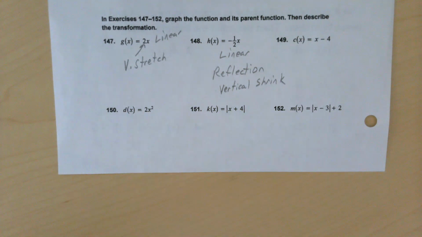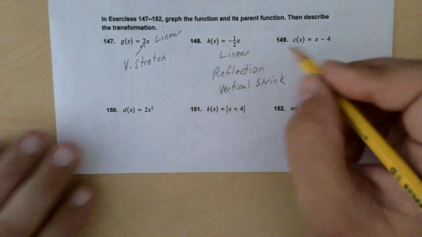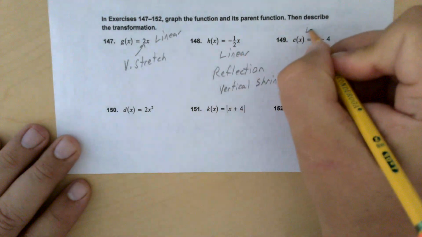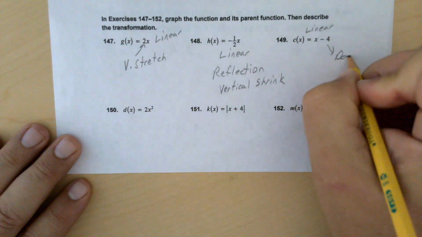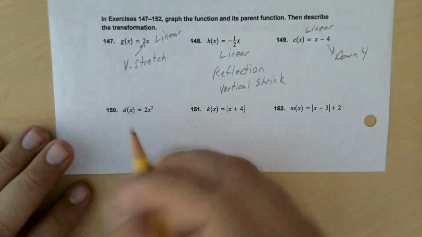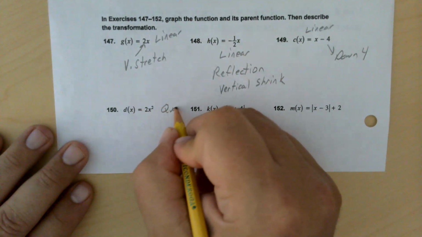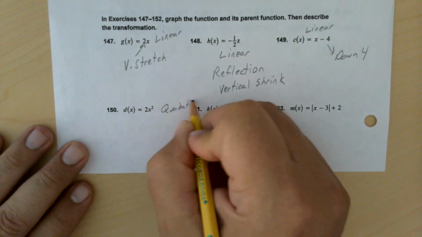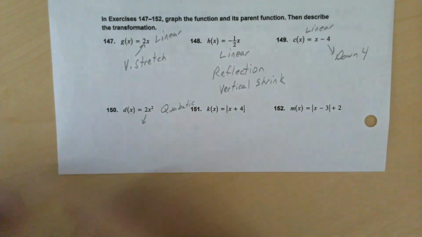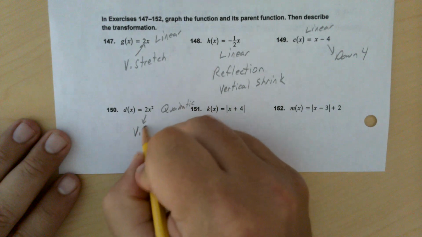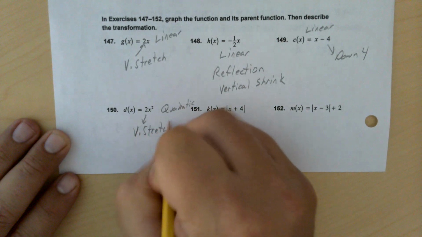Okay, because it's a number between 0 and 1, it's a vertical shrink. So again, the next one's linear, and it's simply down 4. Okay, this one's quadratic. By having that 2 in front, it stretches that U out, making it skinnier. It's going to be a vertical stretch.